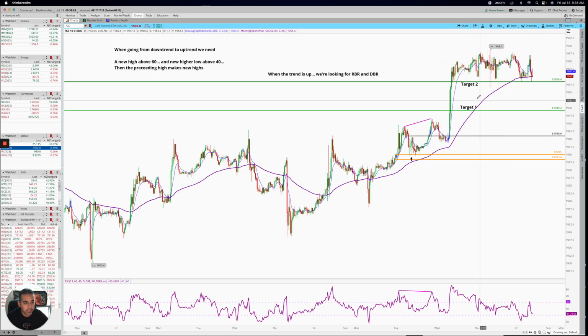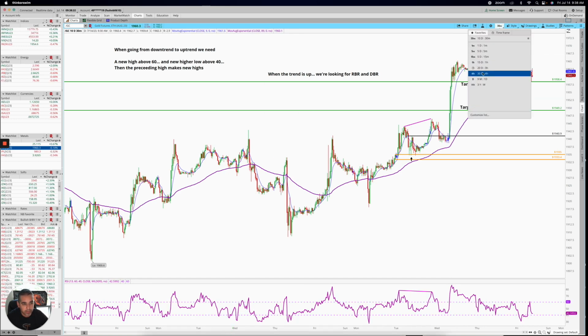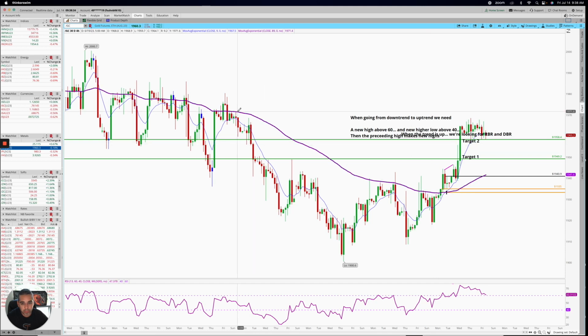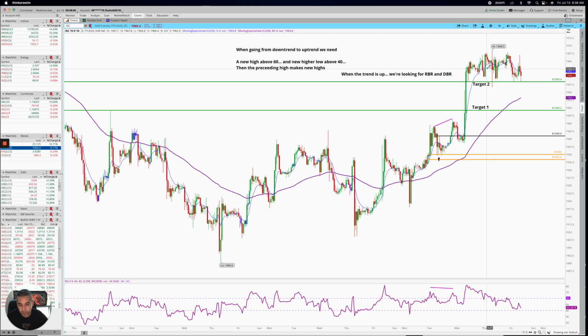When we hit T1, we were at 86. So I was very confident that we were going to be able to move through that area. And then also, we have this drop-base-drop here, and that's what we're running into right now. So I took my target to just before that area. That resulted in, I believe, $6,400 on that particular trade.